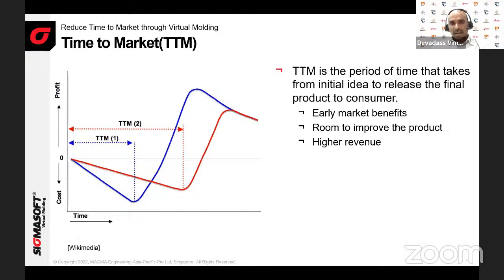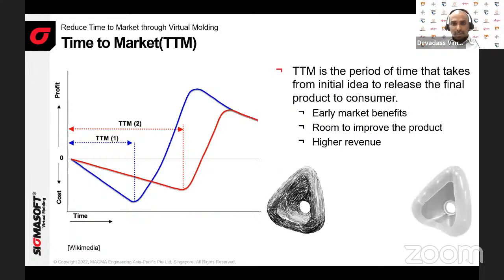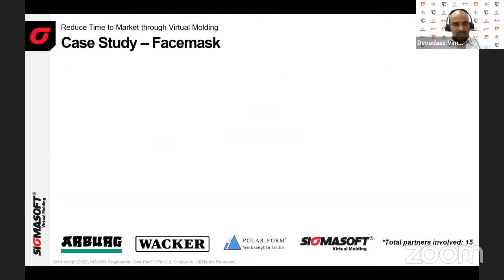If any updates or modifications need to be done in your product, then TTM gives us the opportunity to improve that. So I'm going to show some examples, from sketch to final product, of how simulation can help us make it faster. Okay, let's go and see that.